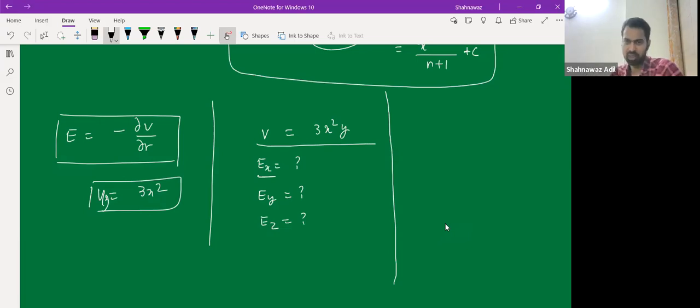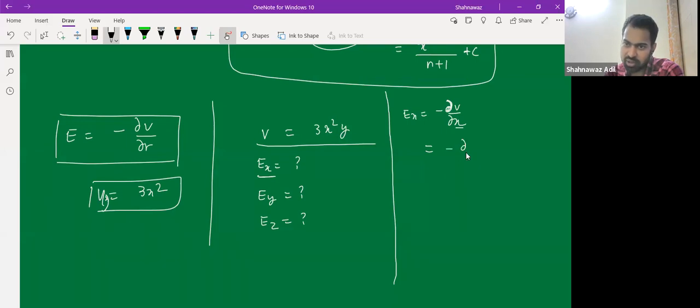Okay, let me help you guys. So Ex would be simply minus of dV by dx, right? And remember, this is partial differentiation. In partial differentiation, we only take x as variable. All the rest are constants. So 3y is constant.